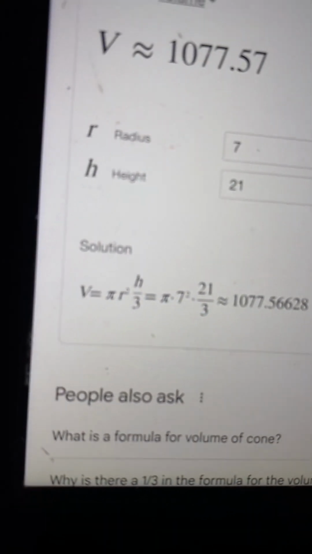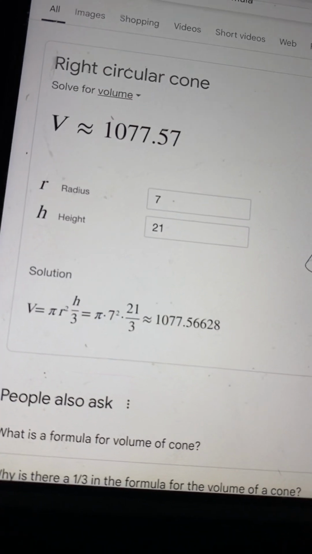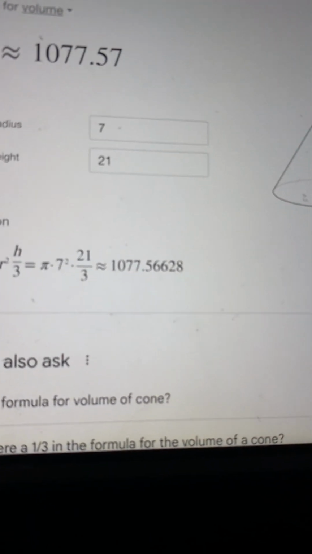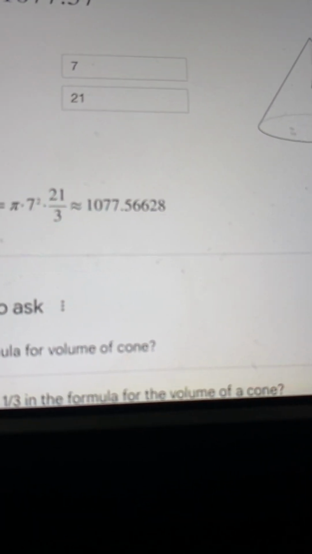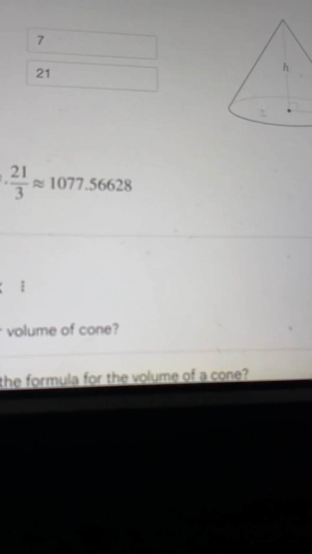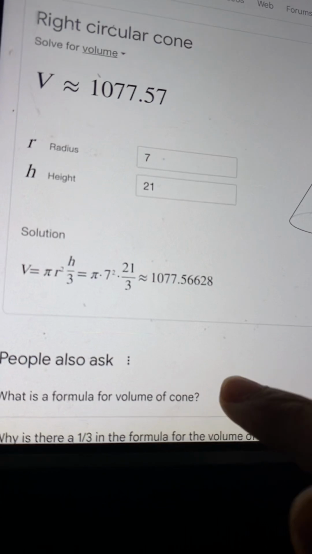We could see that without the parentheses, it gives us the right answer, which means that if we put it in parentheses, it will give us the wrong answer. Because pi times parentheses 7 squared times 7 is a different order than pi times 7 squared times 7.